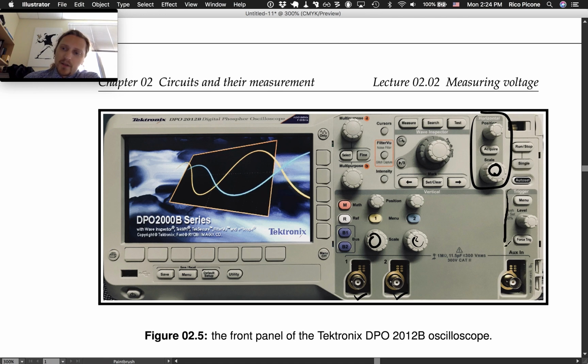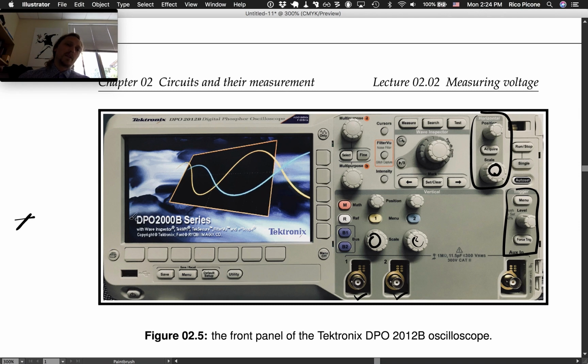But another standard thing to learn about is triggering. One way you can avoid having to know exactly what the period of your signal is, is that you can trigger your oscilloscope on a certain event. Often it's the rising edge of the voltage crossing over a threshold.